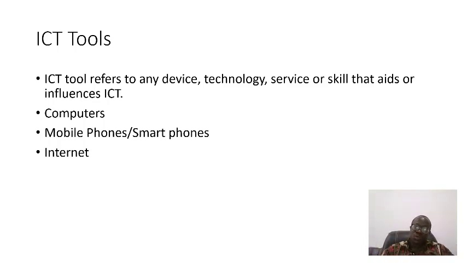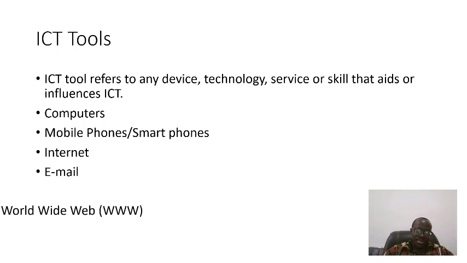When it comes to internet, you look at it in detail. What is an internet? On the internet, there are some applications or services that you can have, and one of them is email, where you can send message electronically over the internet. So email is an ICT tool that you use to influence ICT.